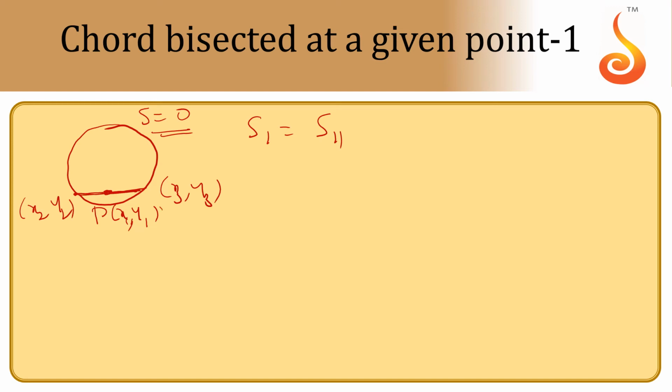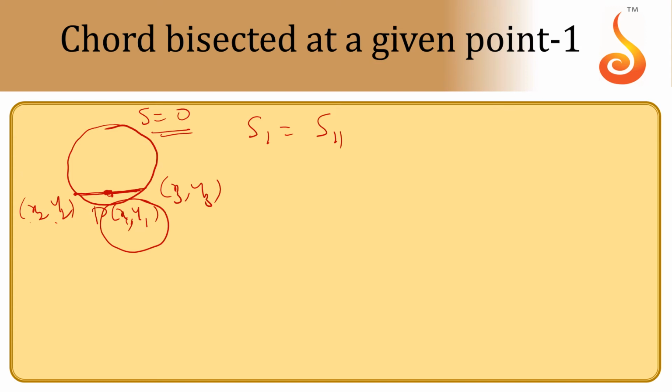In that slope you have to introduce x1, y1. How? You know that (x2 plus x3) by 2 will be x1, and (y2 plus y3) by 2 will be y1. So you insert x1, y1 into the slope. Then after getting the slope in terms of x1, y1, using the point P(x1, y1) and that same slope, you can get the chord equation.